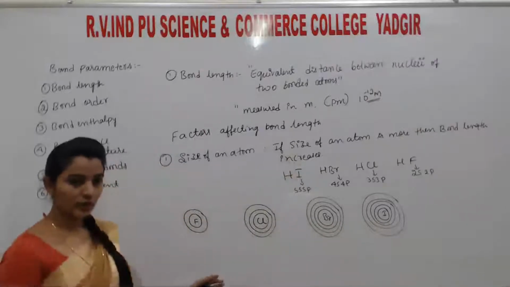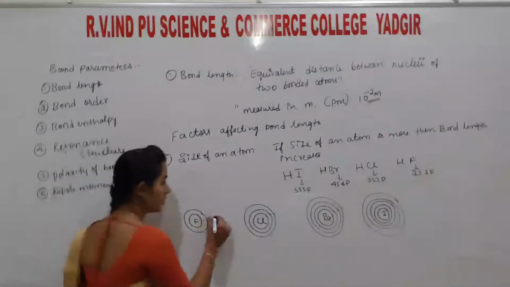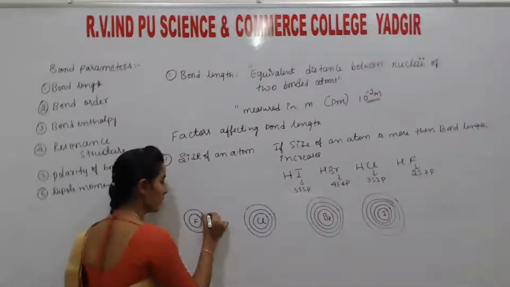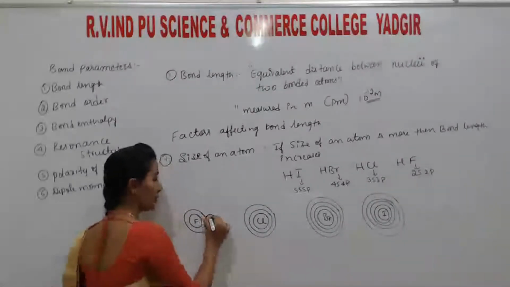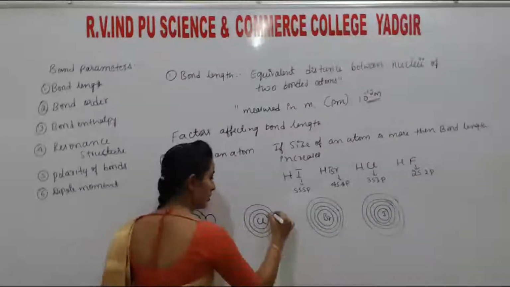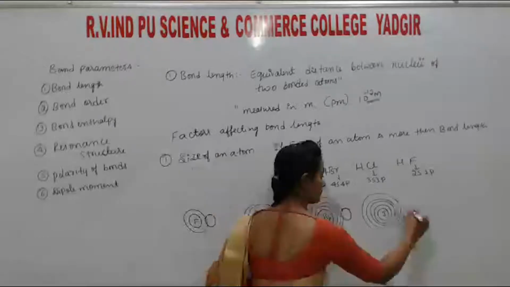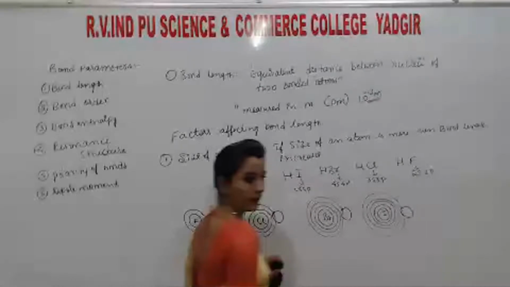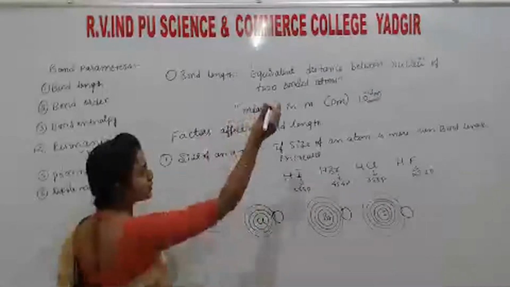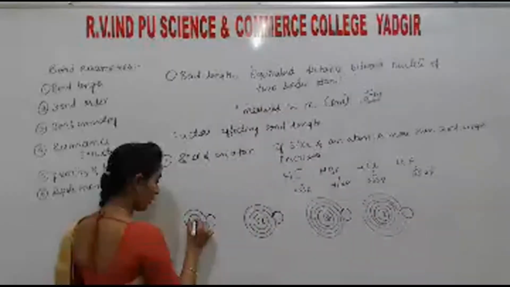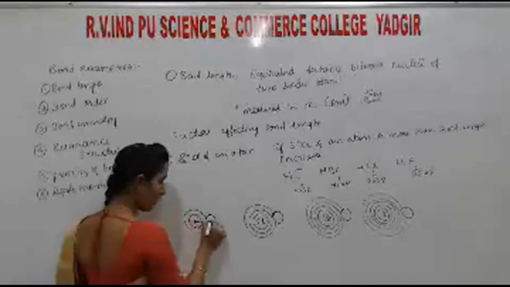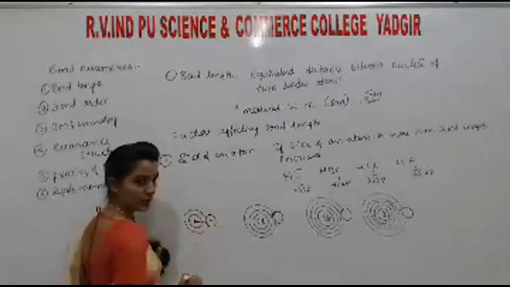You are observing, right? So here hydrogen is bonded here through overlapping. So what is bond length? The equilibrium distance between the nuclei. Nucleus of fluorine is here, nucleus of hydrogen is here.